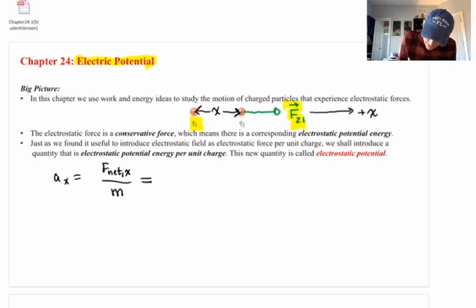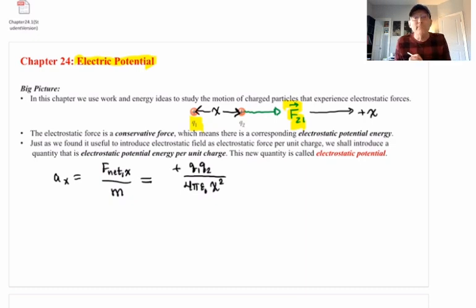And that would be plus Q1 times Q2 over 4 pi epsilon 0 x squared. Okay, right? That's Coulomb's law. And then I have to remember to divide by the m, and I mean the m of particle 2. And that would tell me the acceleration of the particle. That's the formula for it.